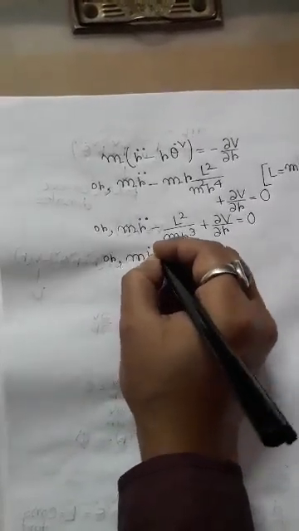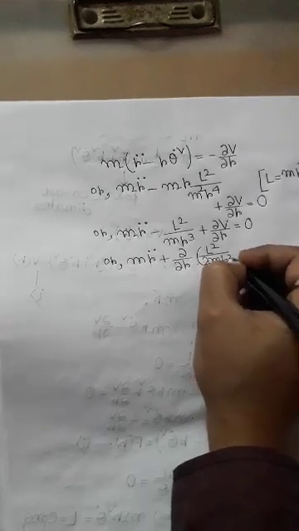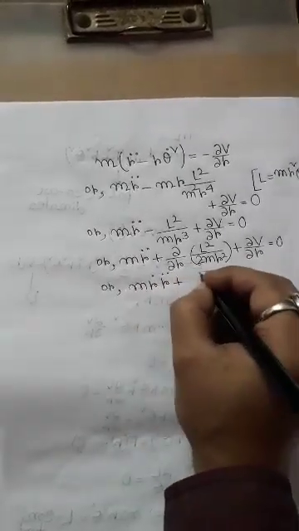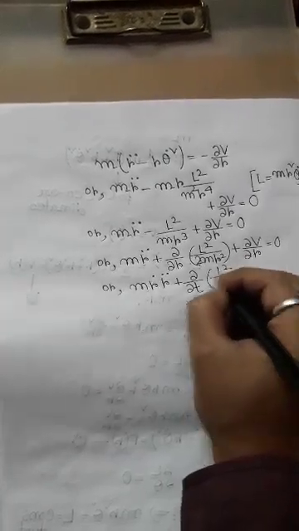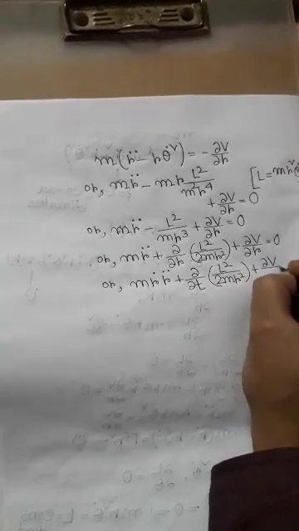Now this term can be written as del del r of L square by 2 m r square, plus del v del r equals 0. Now multiplying both sides by r dot, we get m r dot r double dot plus del del t of L square by 2 m r square plus del v del t equals 0.